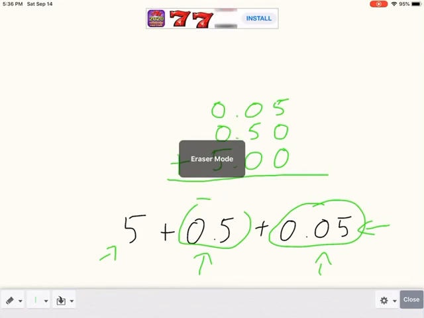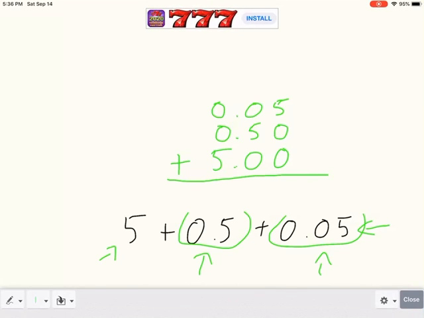Now these lines might get in my way. Okay, so let's do our addition. Don't forget, now we've lined up our decimal points. That's how we build this problem.